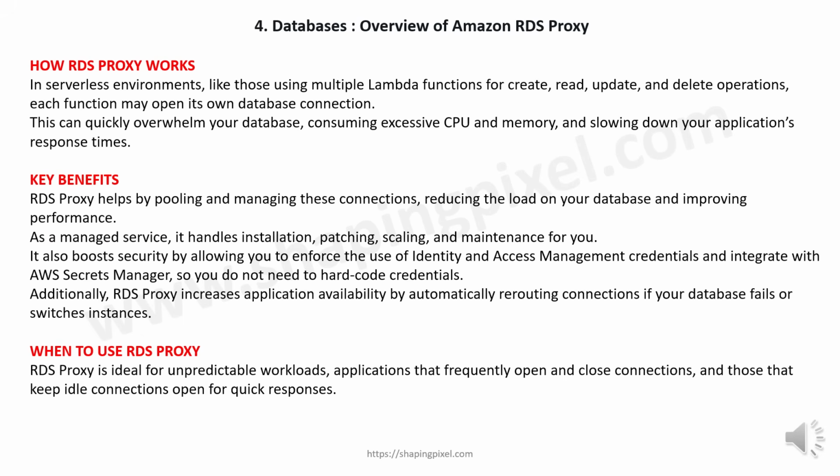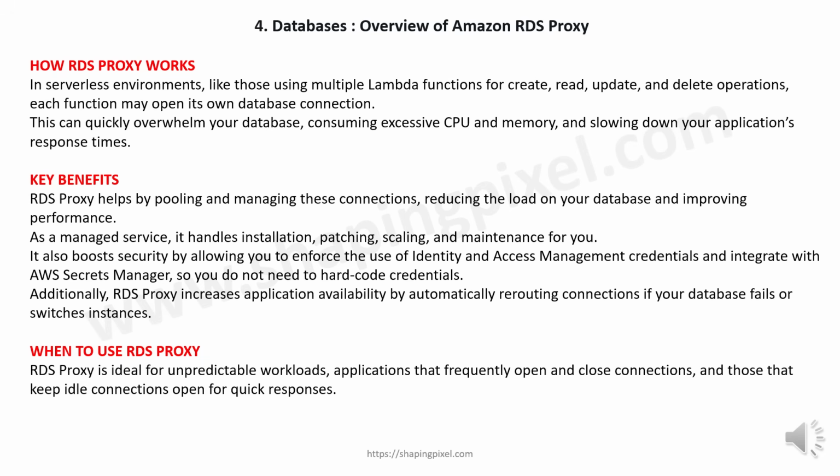Amazon RDS Proxy is a managed service from Amazon Web Services that acts as a middle layer between your application and your database. It is especially useful for serverless applications, which often create and close many database connections rapidly.